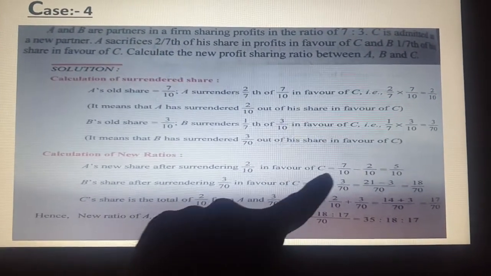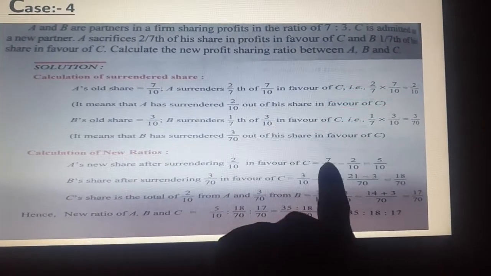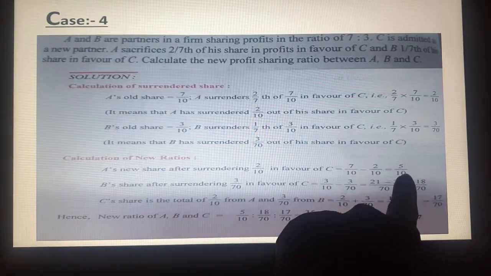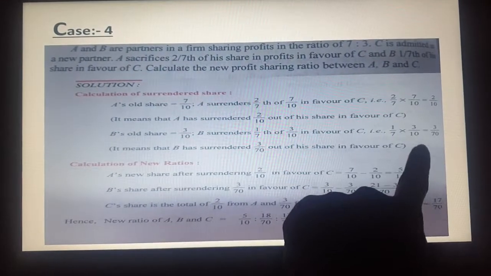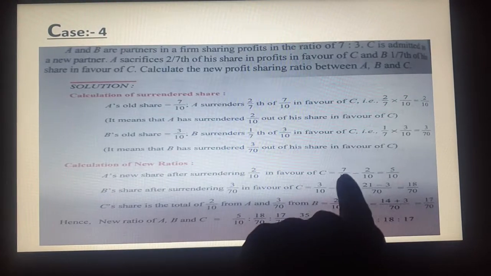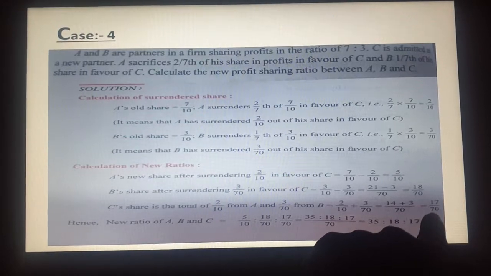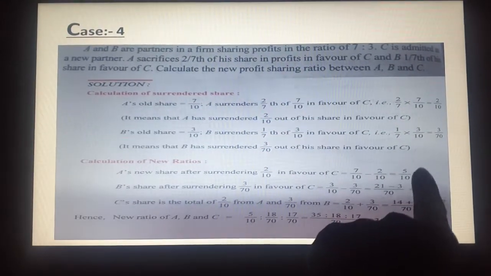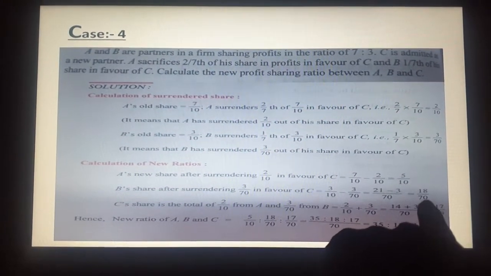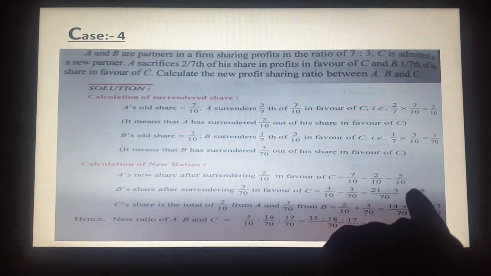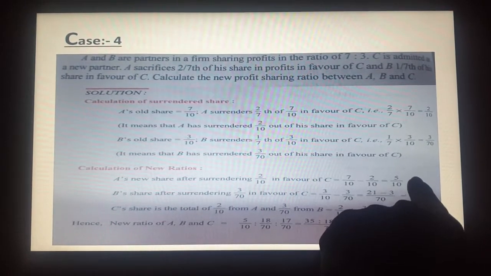For A, old is 7/10 and sacrifice is 2/10. For B, old ratio is 3/10 and sacrifice is 3/70. C's share is directly 17/70. The final answer is 5/10, 18/70 and 17/70. The highest denominator is 70, so multiply the denominator 10 by 7, and multiply the numerator 5 also by 7.